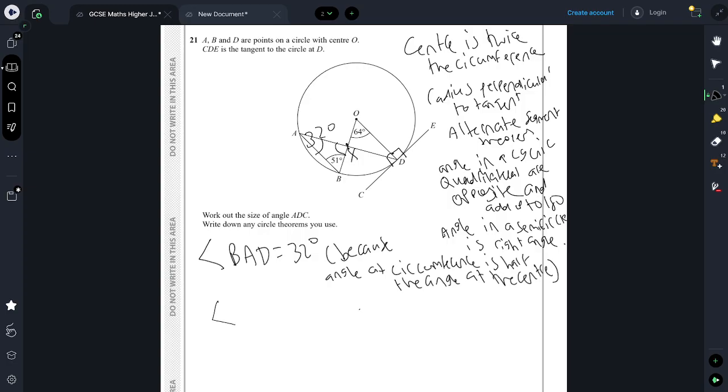So angle AXB is going to be 180 minus 32 minus 51, which is what? 32 plus 51 is 73. So then 180 minus 73 is going to be 107, right? So this is 107.